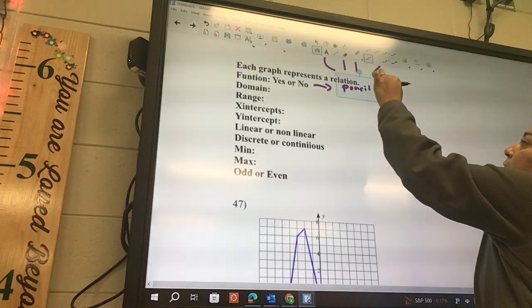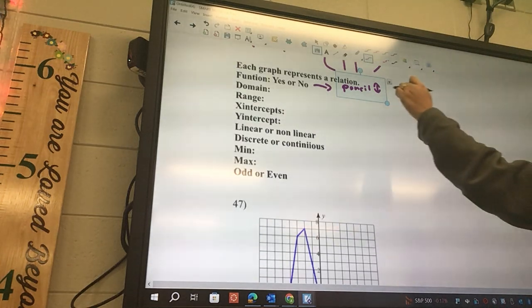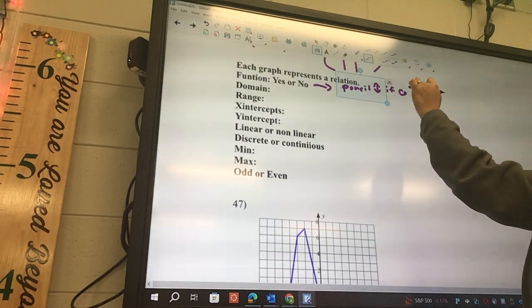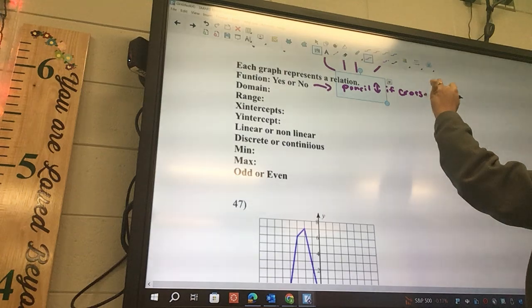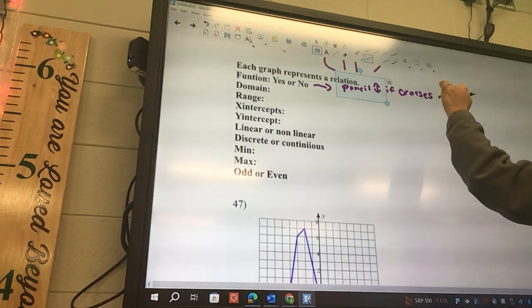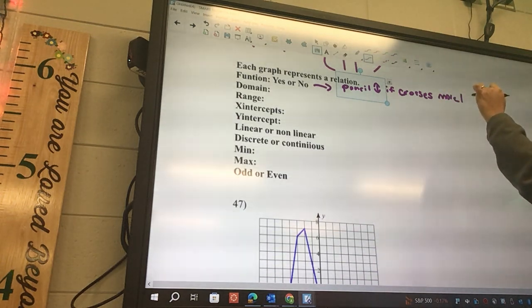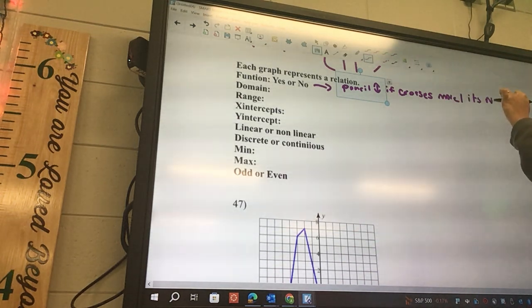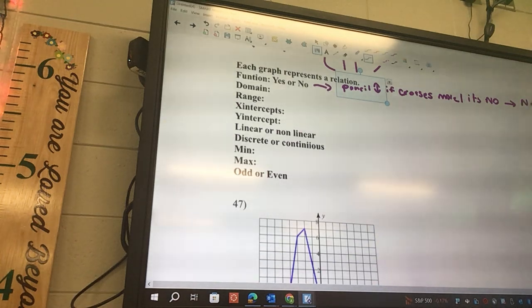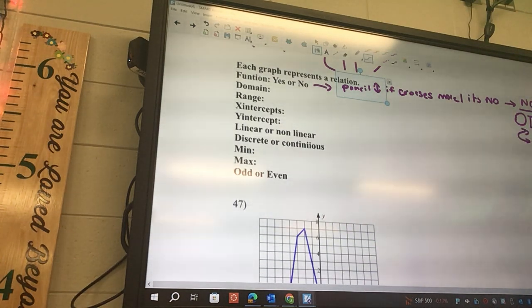So your pencil should be up and down, okay? And then if it crosses more than once, it's a no, okay? Some examples of no's are gonna look like a circle, a square, a triangle, a vertical line, something that's sideways, okay?